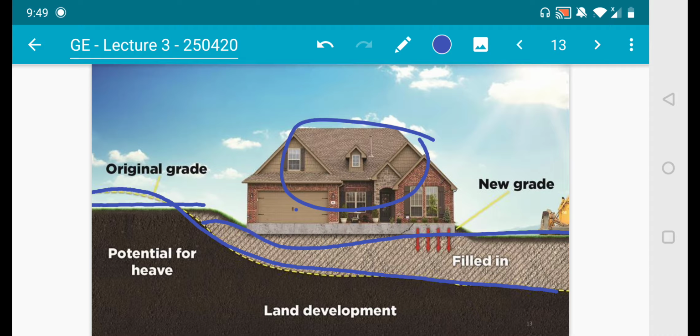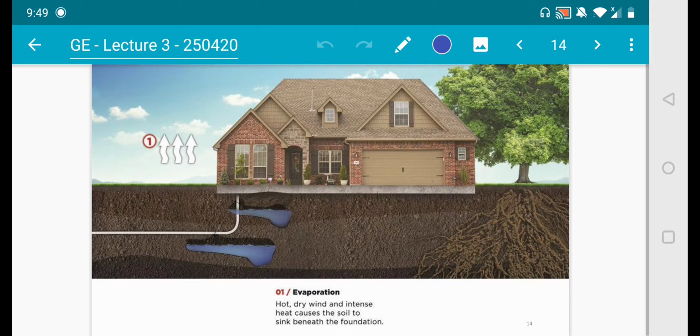There's potential for heave, meaning the soil can expand. And there's a new grade, new soil coming in on this fill area. That's a general picture of a simple structure.